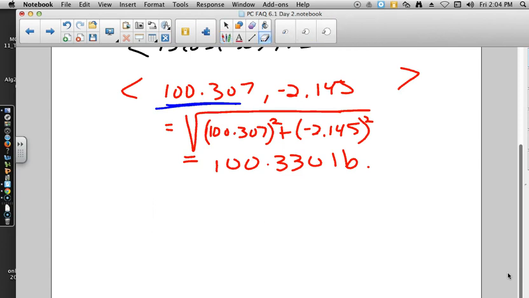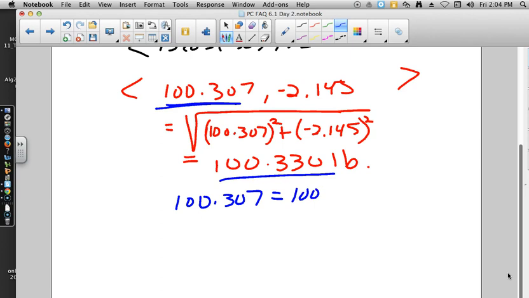Now, if we want the direction, we have to use that component form of our vector that said this 100.307 equals the magnitude, which we just found, times the cosine of theta. And the good news is with this one that we were in first and fourth quadrants.